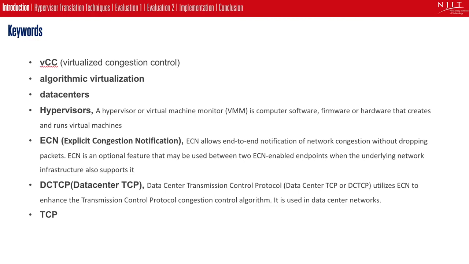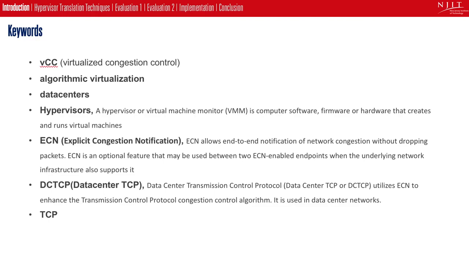First of all, let's see some keywords that were used in this paper. VCC, Virtualized Congestion Control, Algorithmic Virtualization, and Data Centers, and Hypervisor. Hypervisor or virtual machine monitor is computer software, firmware, or hardware that creates and runs virtual machines.